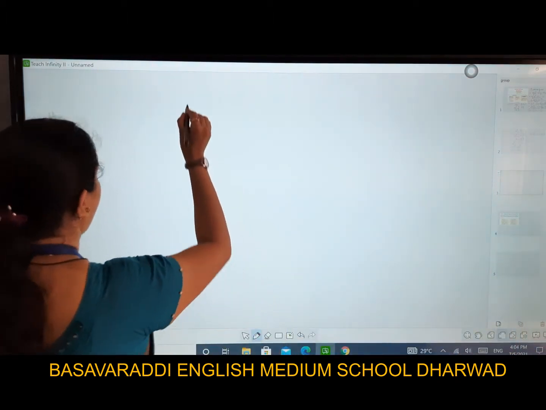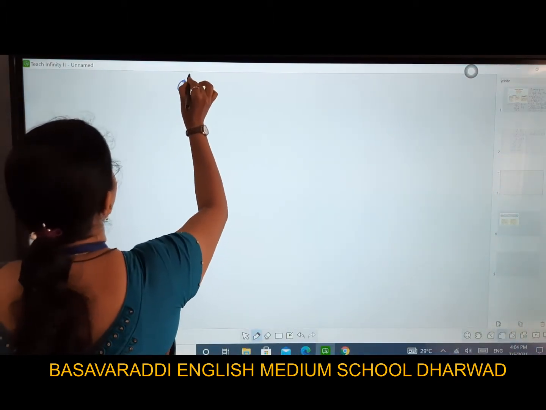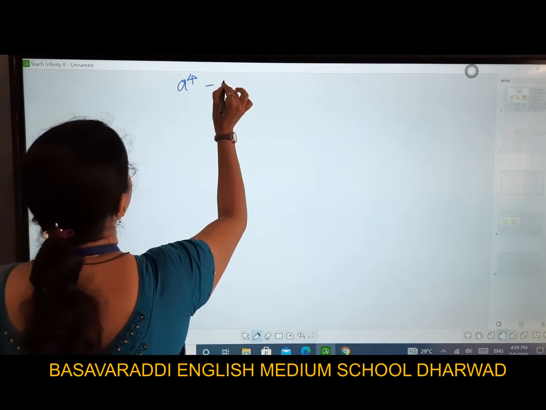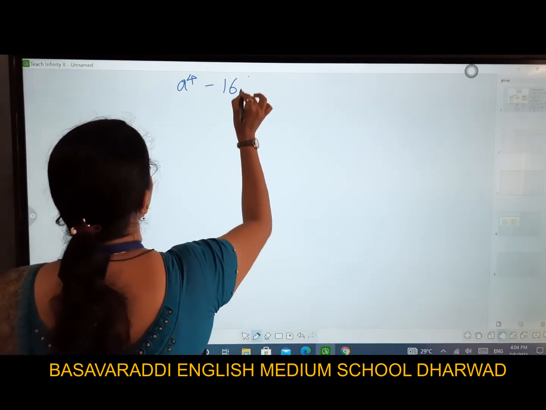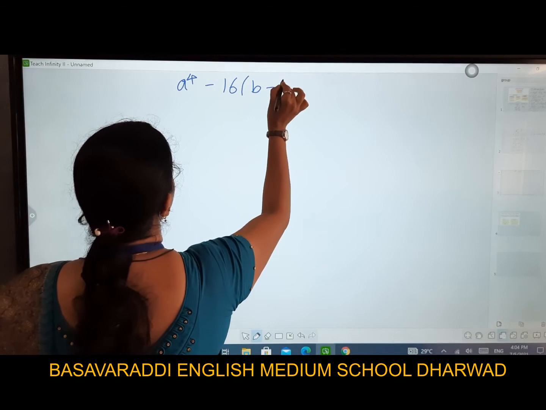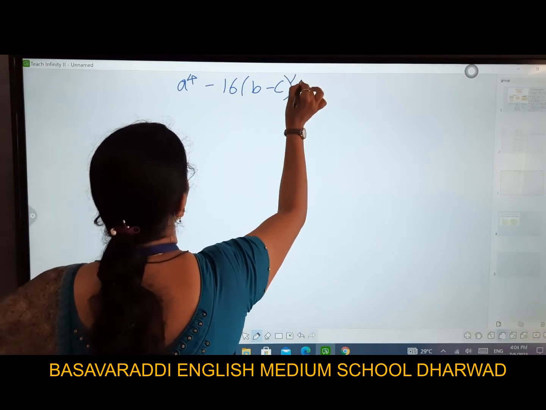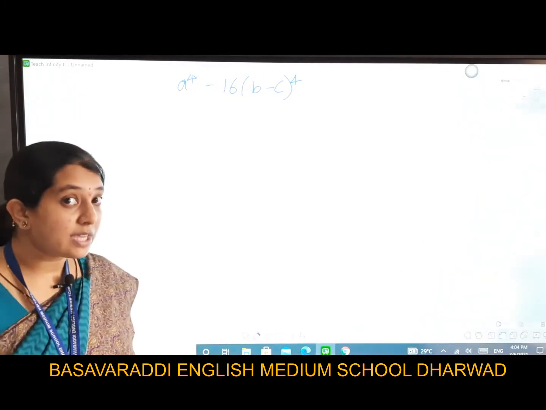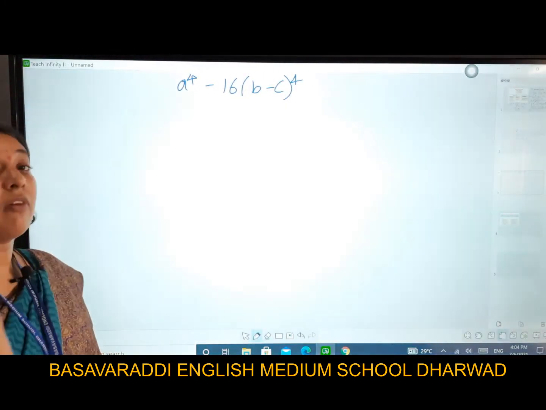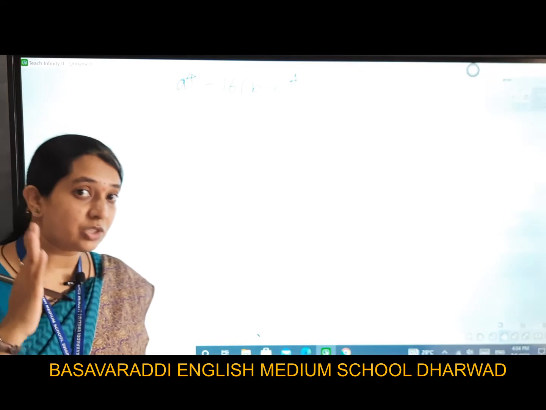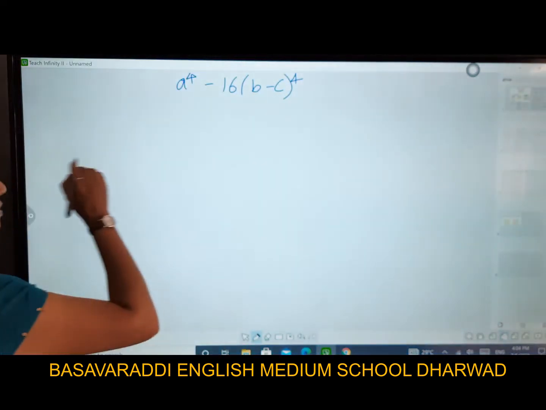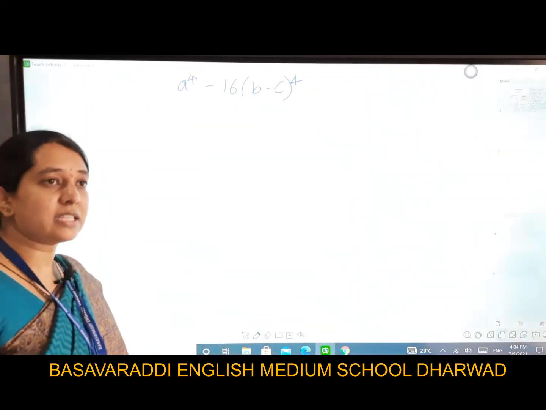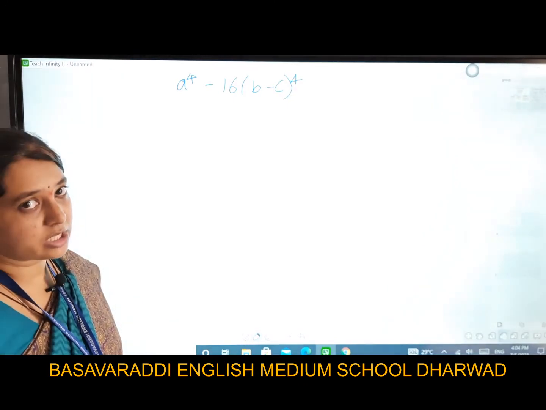So here we have a raised to 4 minus 16 into b minus c raised to 4. Now we don't have squares here, we have a to the power 4. Now in our previous classes we have studied about exponents.